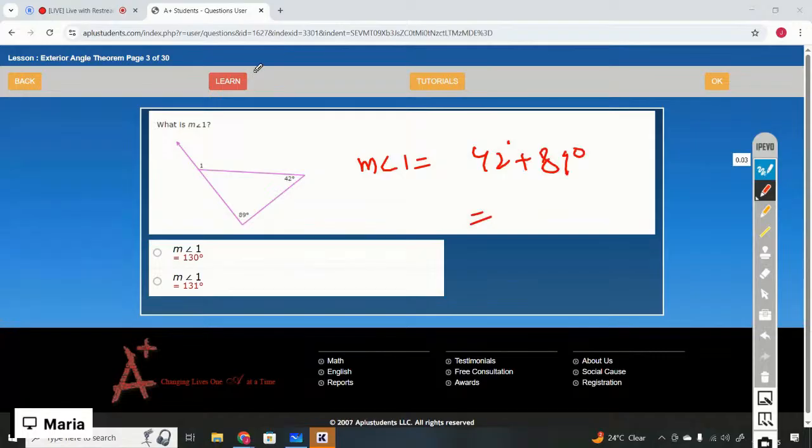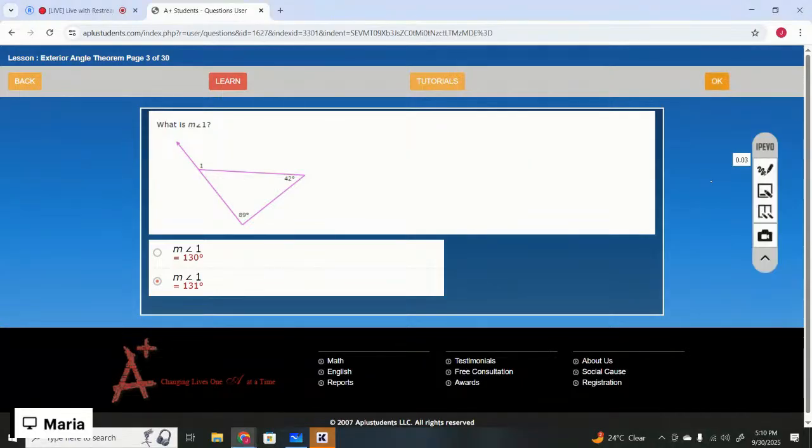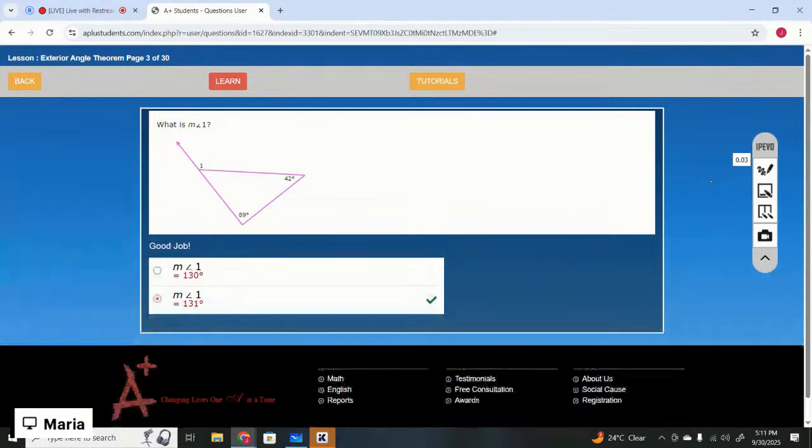So the correct option, yes, that is 131 degrees. Option number 2 is the correct option. 131 degrees it is.